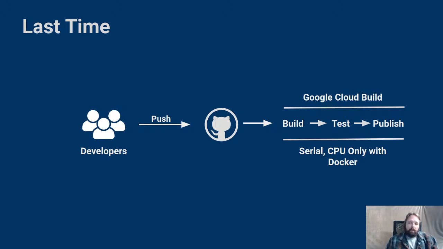And this would automatically trigger a build pipeline that would go through and actually compile the application inside of a Docker container and then do some tests for serial CPU-only applications. And then at the end of this process, if everything passed, what we ended up with was Docker images that were published to the Google Container Registry.